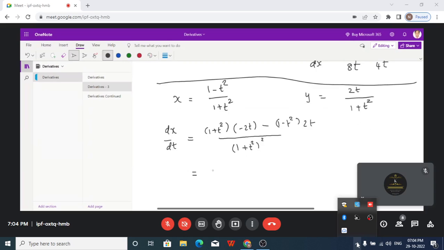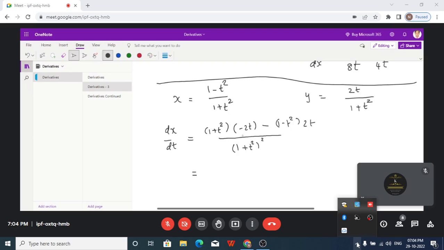A doubt: Sir, how did minus 2t come? Oh, I have written v first. v is 1 plus t square, yeah? v into du dt. Here u is 1 minus t square. So what is the derivative of 1 minus t square?